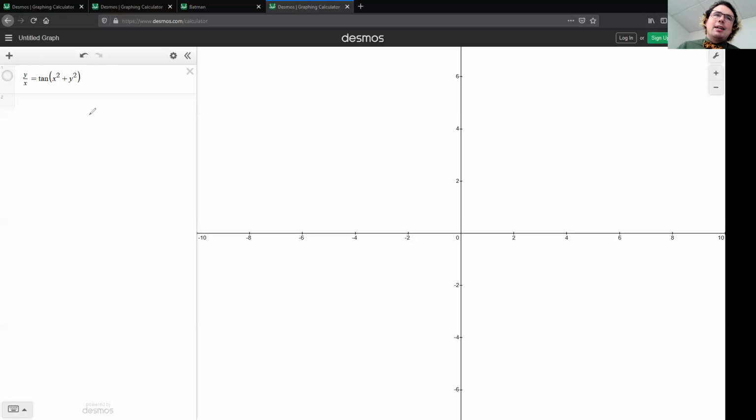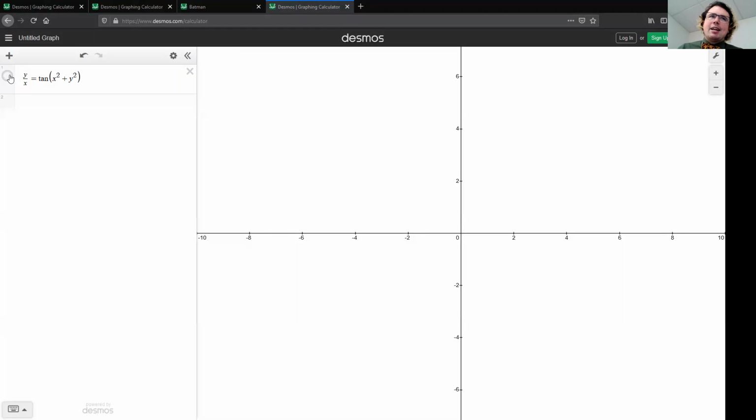So I know that the tangent function, whatever number I give it, can produce any real number. And then I would need to find coordinates where y divided by x is the same number as the tangent of x squared plus y squared.